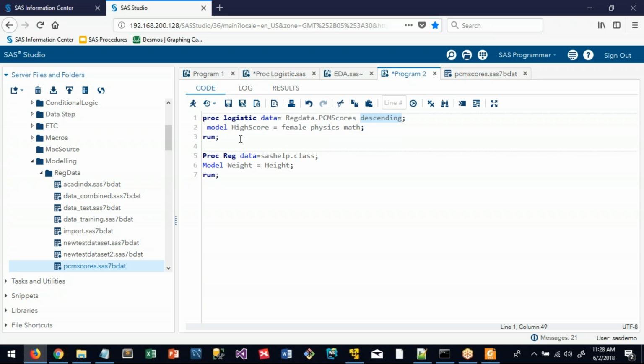By descending here, it simply means I'm trying to predict the yes one, that value one, because if you sort descending, one comes first. That is what I'm trying to predict here. So if I delete this descending option, see what happens.